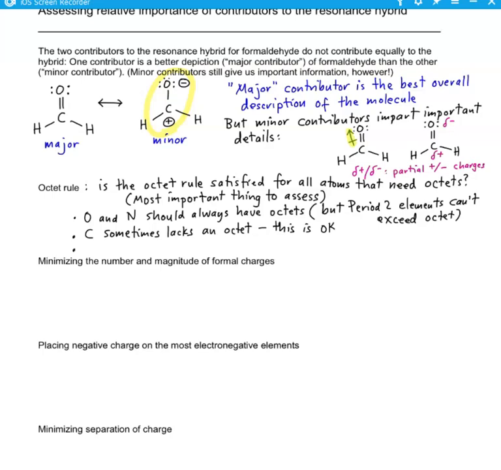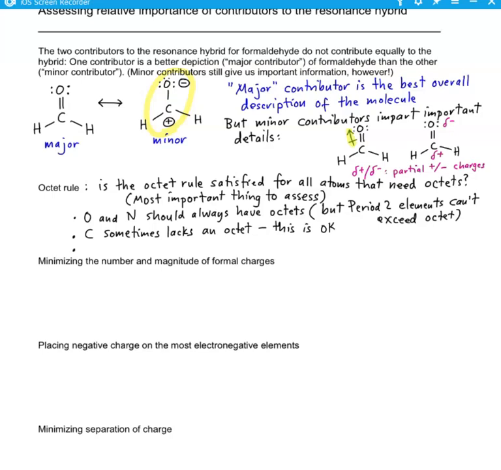Now, if you're consulting other sources, one of the rules that people have for assessing resonance structures is phrased in a different way, but it's really getting to the octet rule. It tells you to maximize the number of bonds. Try to put as many electrons as possible into bonds.